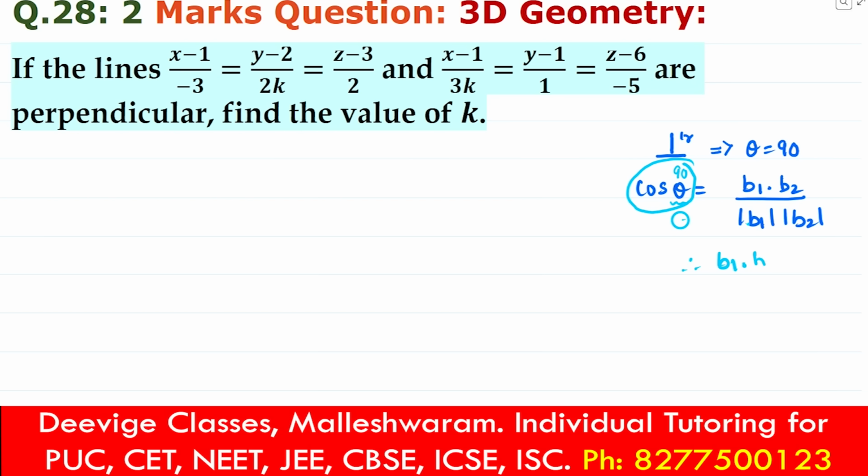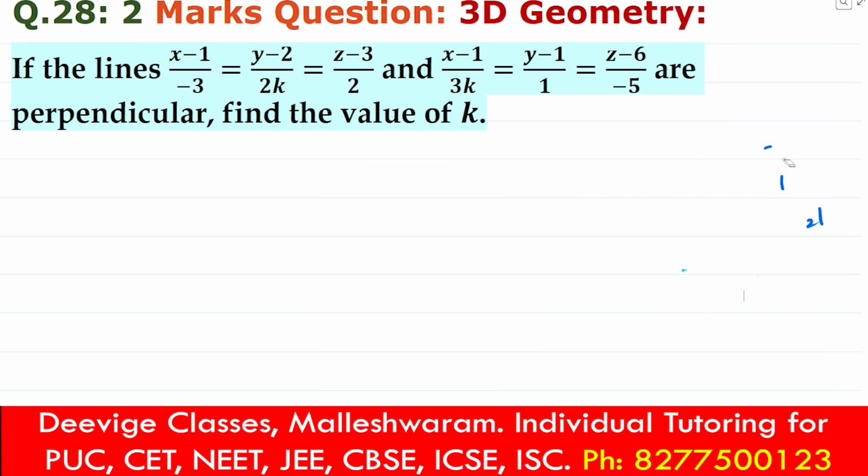Therefore, b1 dot b2 is equal to 0. If two lines are perpendicular, then b1 dot b2 will be 0. So now we have to consider the condition that the dot product of b1 and b2 will be 0. First write down vector b1 and vector b2.